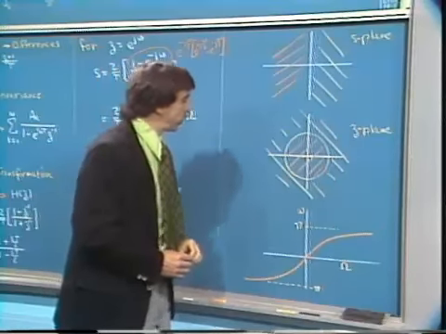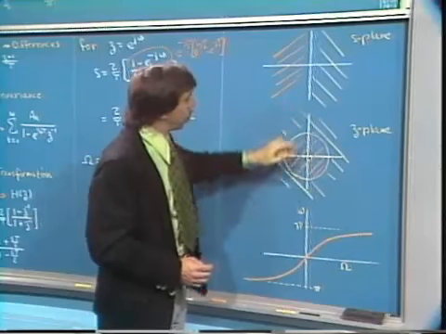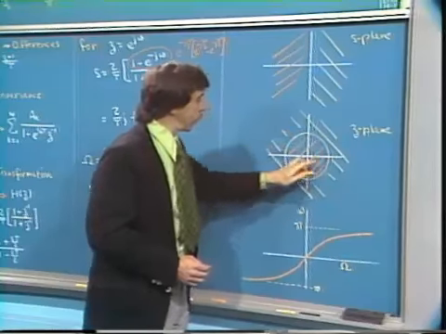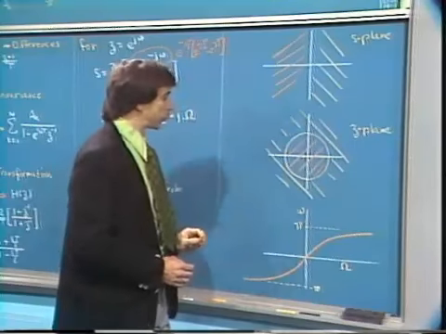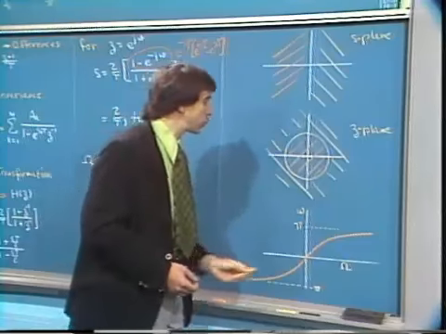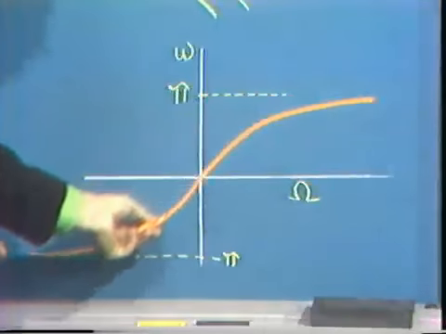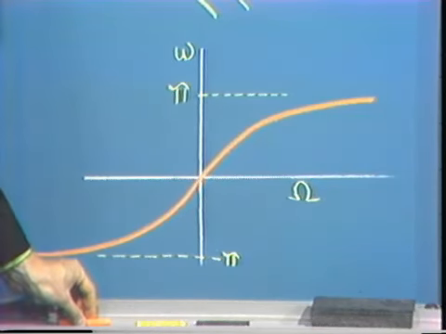All right, well, now returning to the mapping of the j omega axis to digital frequency, the mapping from analog frequency to digital frequency, one of the important aspects of the bilinear transformation is that that mapping ends up as a nonlinear mapping. Well, what are the consequences of that?